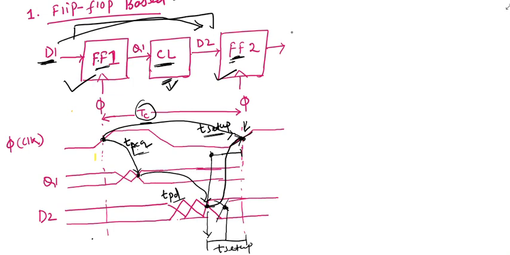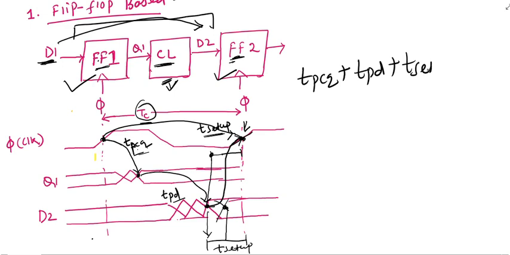Then what is the total delay? TPCQ plus TPD plus T setup. It must be less than the total cycle, because before this rising edge at TC, the signal D2 must be ready. So it should be less than or equal; if equal, that is the extreme delay.